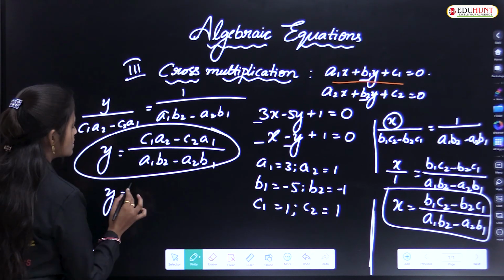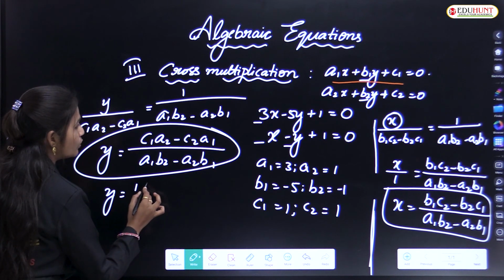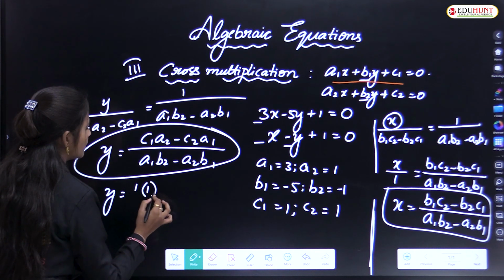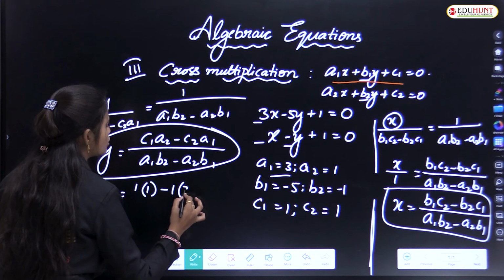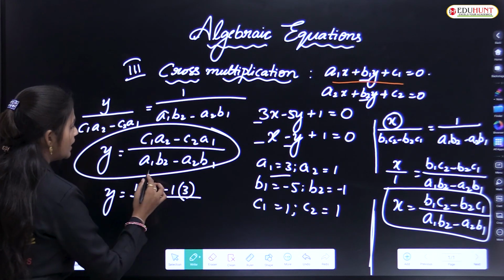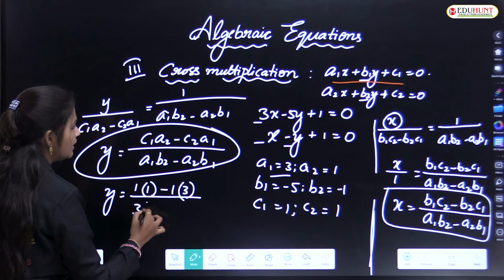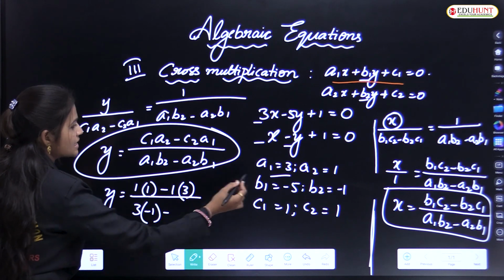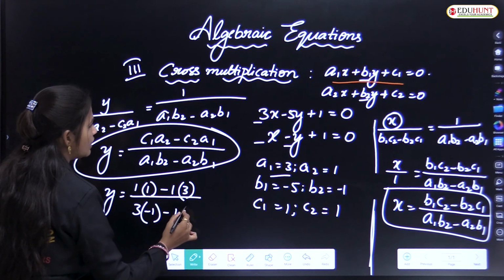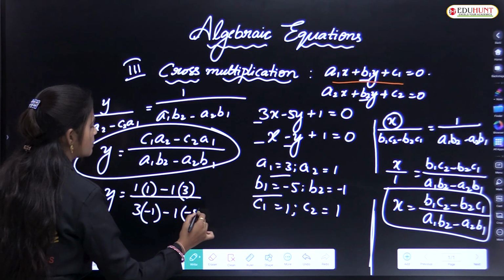y is equal to c1, 1, into a2 is equal to 1, minus c2 is equal to 1, a1 is equal to 3, whole by a1 is equal to again 3, b2 is equal to minus 1, minus a2 is equal to 1 and b1 is equal to minus 5.